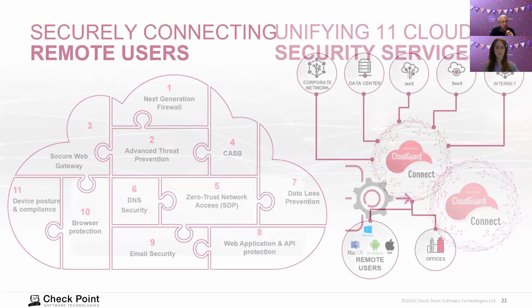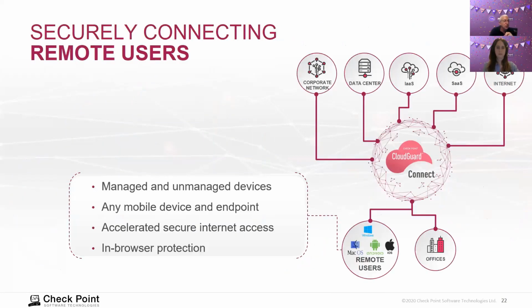For the remote users, as I mentioned earlier, you can come either from managed or unmanaged devices. Typically for managed devices, you may want VPN connectivity or Odo connectivity or clientless connectivity and zero trust access. And for unmanaged devices, for the most part, it will be clientless access with zero trust security attached to that. Being able to connect from any device, be it mobile or PC, accelerating the internet access.